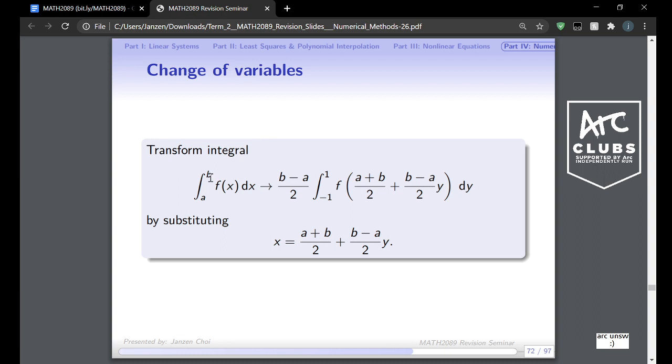Using the integral bounds, you can substitute this expression for all the x values in the function. So basically, we have the f(x) expression here, and we're substituting all the x variables with this expression. Once we have done that, we can use the Gauss-Legendre rule.